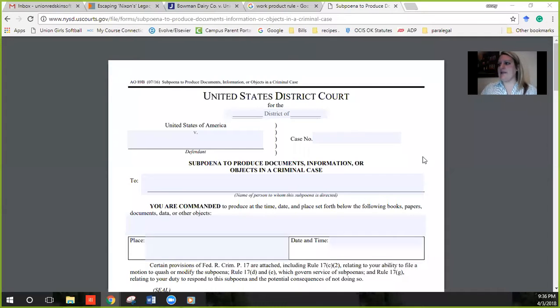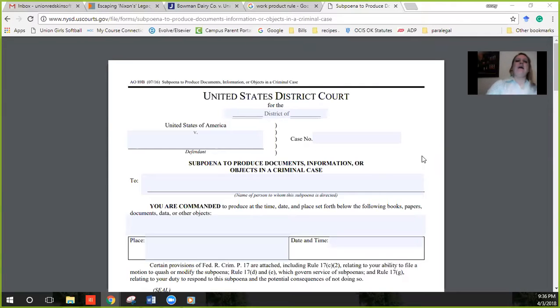So what I want to do right now is really quickly share my screen so that way you all have an idea of what the subpoena looks like itself. And this is just a template. It says the United States District Court, and it is just a template. So whenever I was mentioning this, I forgot to tell you that there are a lot of caveats that go with this.